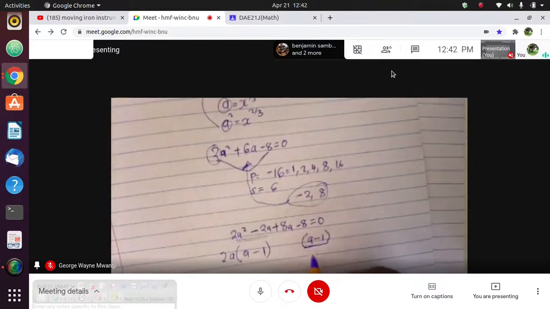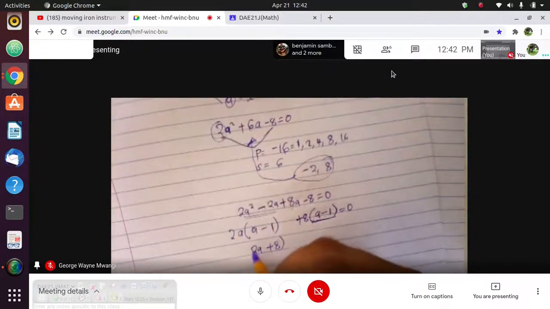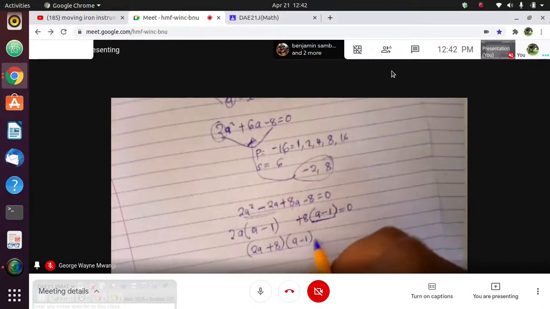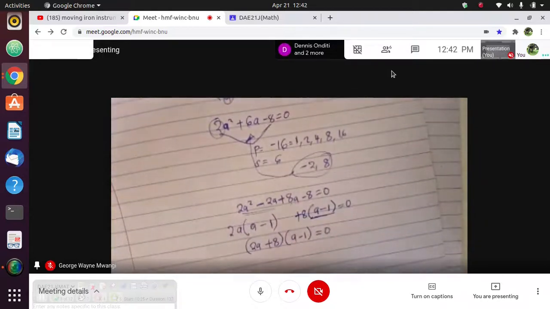So what will I do to 8 times a minus 1 to get 8a minus 8? Now let us group: 2a plus 8 times a minus 1 is equal to 0. So 2a plus 8 is equal to 0, and a minus 1 is equal to 0.